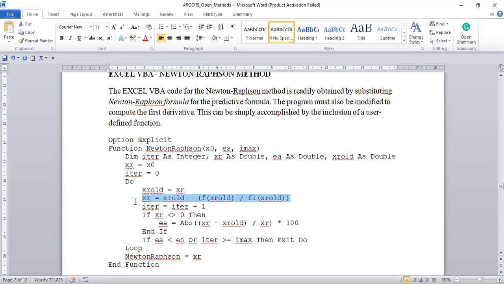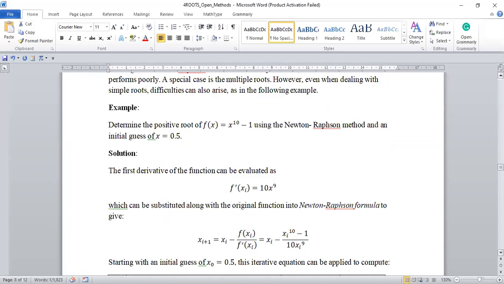What this line says is that the next value of the root is equal to the previous value, then f of x, this is the function at the previous value, then this is the first derivative. So let me take you back to the equation.